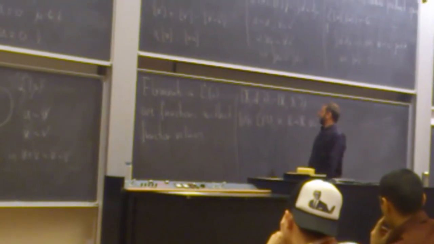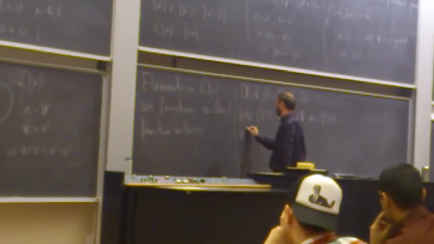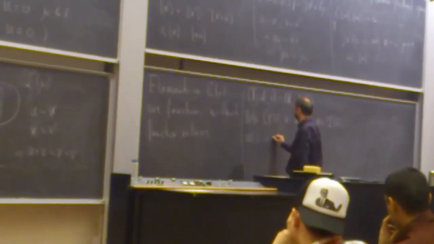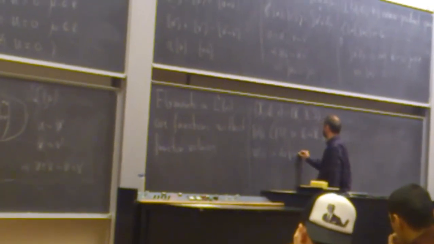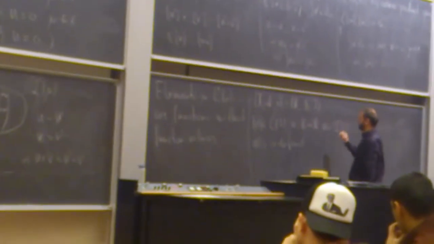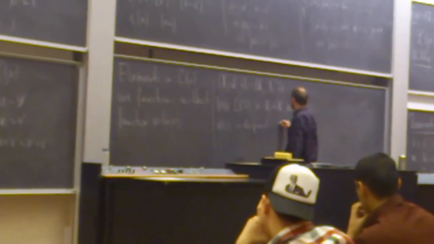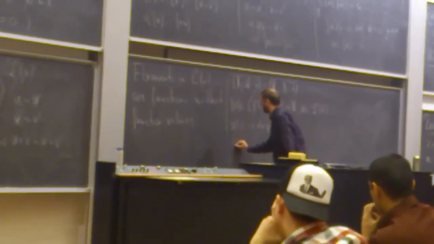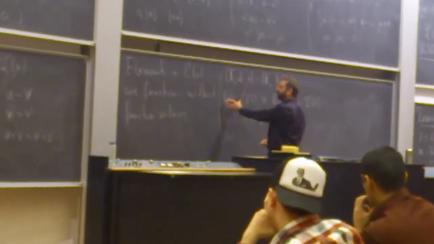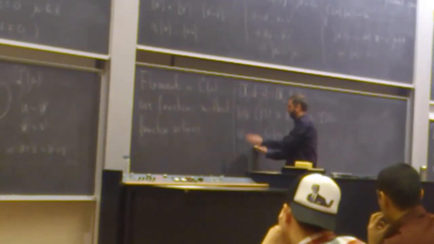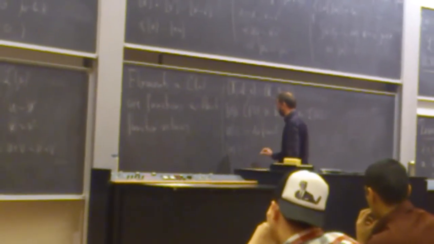So then I can ask myself, certainly u of 0 is defined, because u is a function. But what if I take the equivalence class of u, can I view this as a function? Could I, for example, evaluate that at zero?